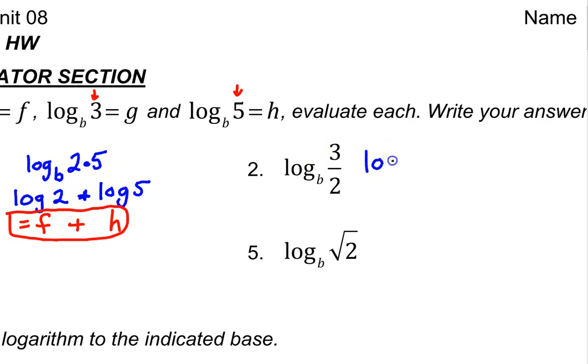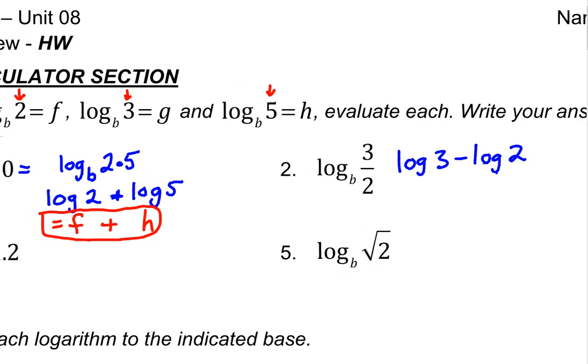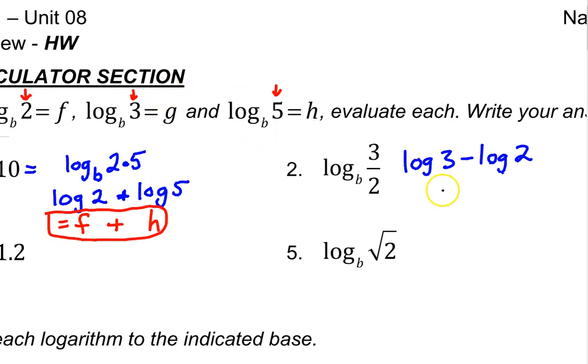So this will be log of 3 minus log of 2. And the top number is always first, the bottom number is always second. And log of 3 equals g, and log of 2 is f, so the answer is just g minus f.